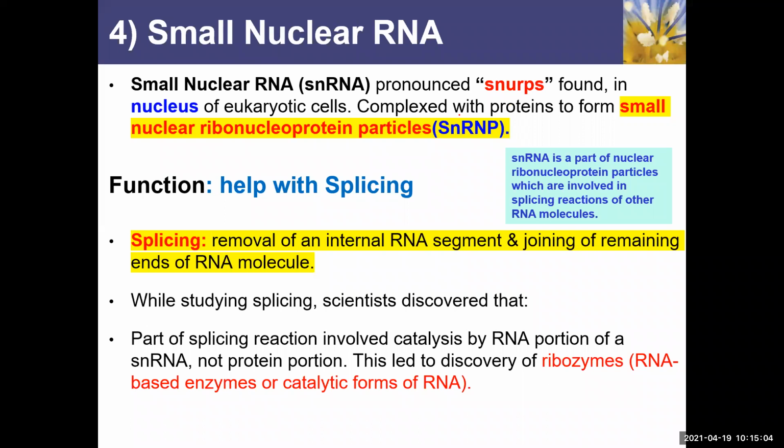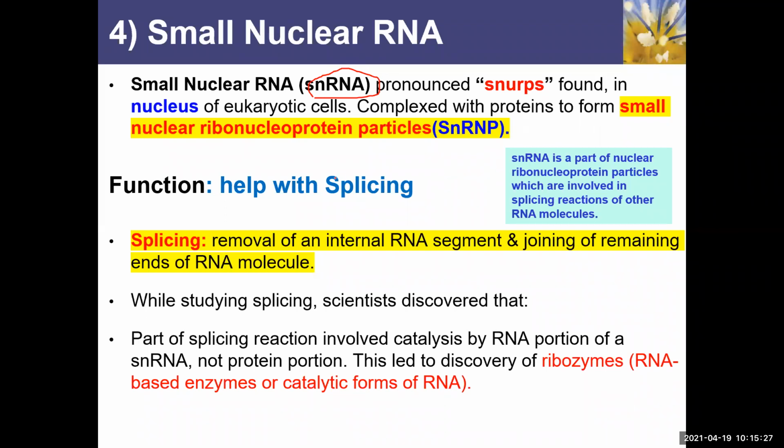So small nuclear RNA basically combines with proteins to form the snRNPs. So the small nuclear RNA plus the proteins together form something called small nuclear ribonucleoprotein particles, which you often pronounce as snRNPs.